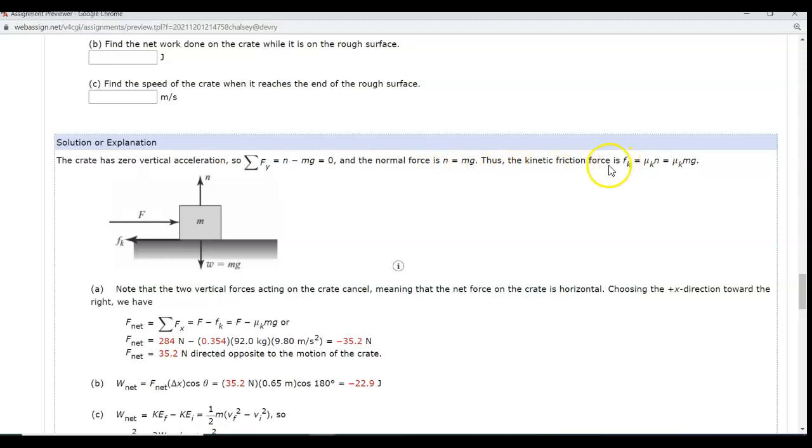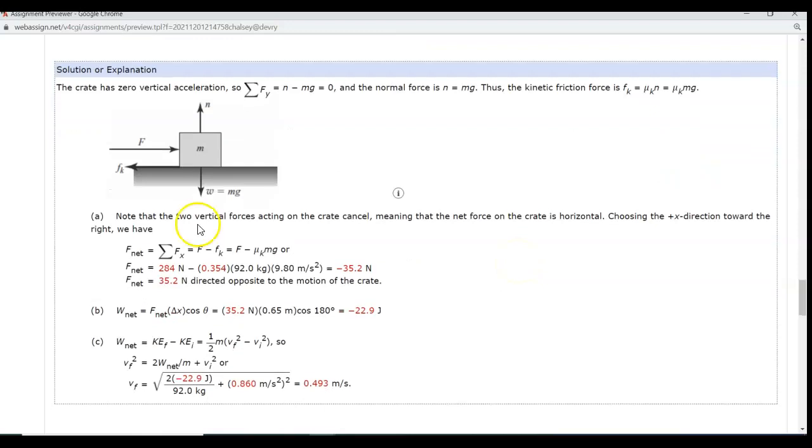Thus the kinetic friction force, Fk, or the coefficient of friction times the normal force, equals the coefficient of kinetic friction times the mass times the gravity. All right. Note that the two vertical forces acting on the crate cancel, meaning that the net force on the crate is horizontal. So it's not moving up and down, it's moving only sideways.